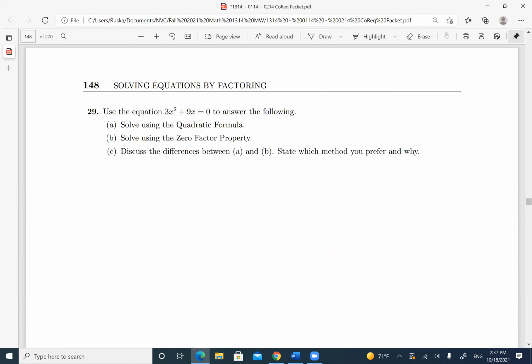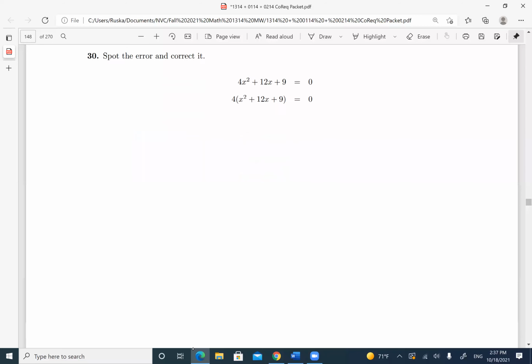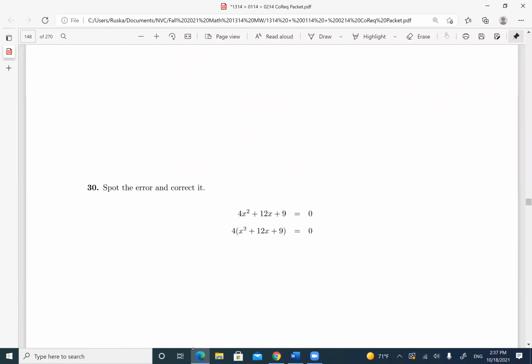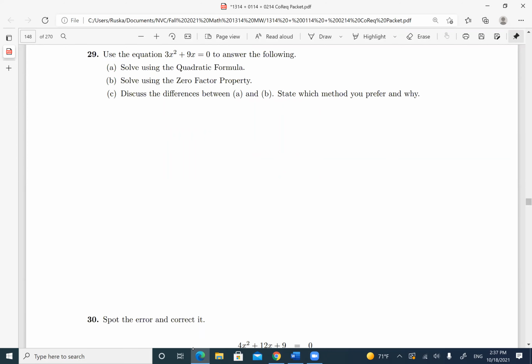And then number 29, the next one is the error. So number 29, it's about if you have the equation 3x squared plus 9x equals 0, how are you going to solve it? With quadratic formula, with zero product property, or what is the difference between those two?